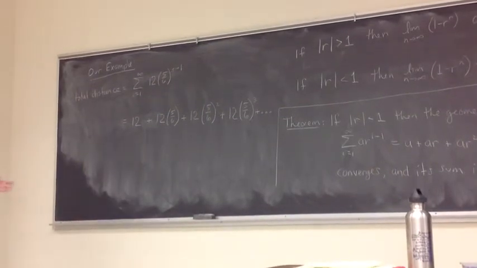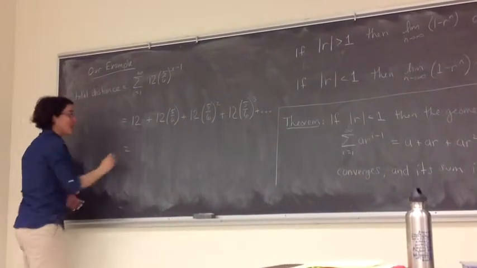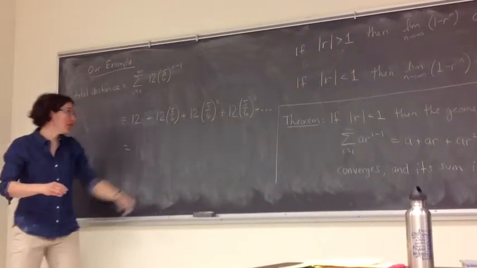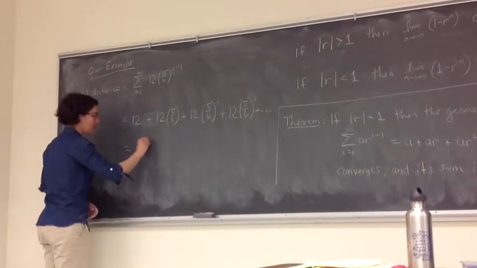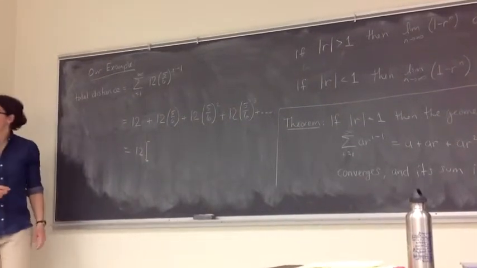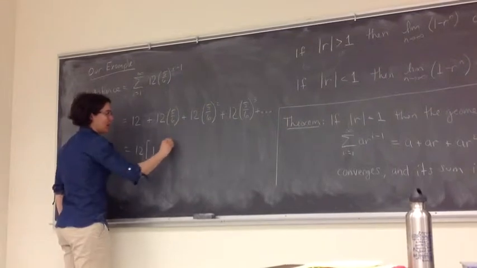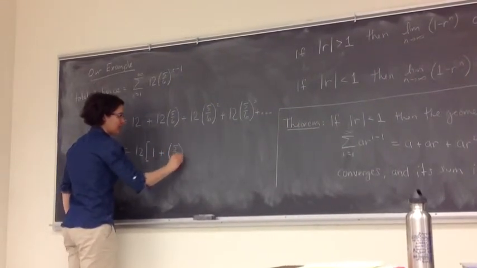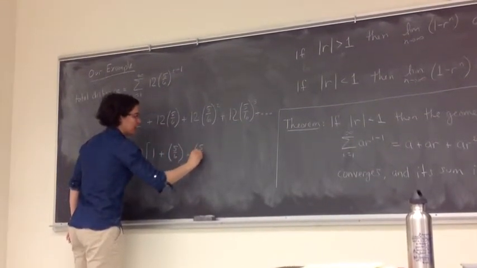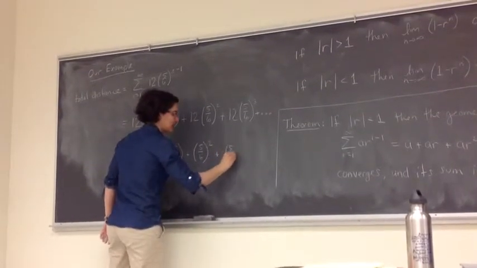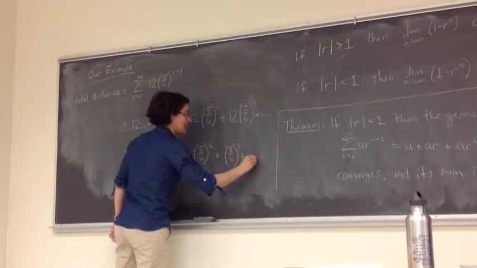And what I want to be able to do is write this as some number that I can factor out of every single term. In this case, that's a 12. And then what I want to be left with is 1 plus 5/6 plus 5/6 squared plus 5/6 to the third plus dot, dot, dot.